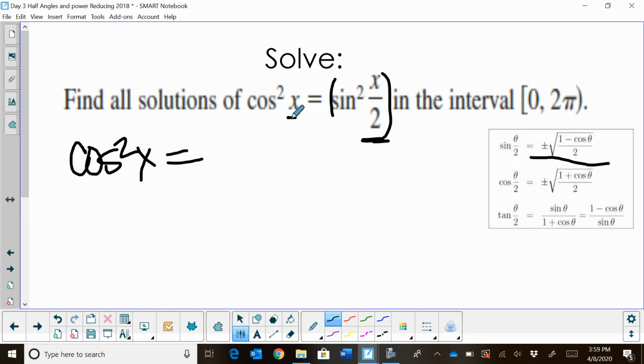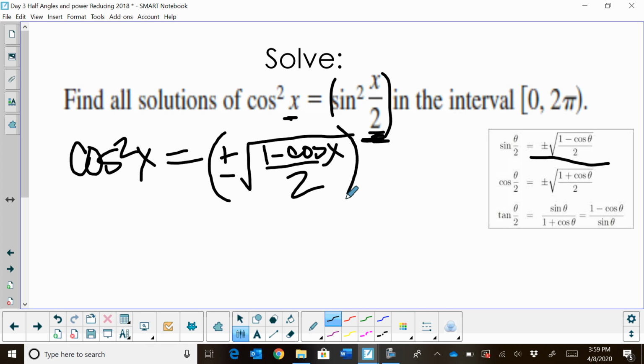We want to get these angles to match, and that's why we have to use the half angle formula. So we're going to do plus or minus the square root, and the sine formula is 1 minus cosine x all over 2. And we're squaring it because of this square.